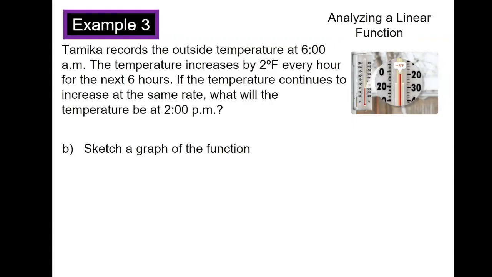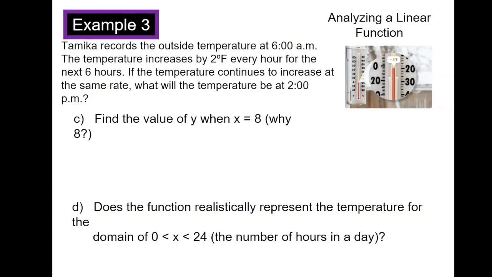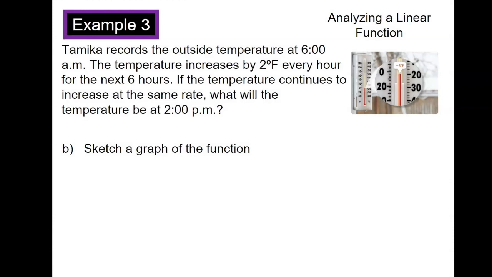Okay, B, sketch a graph of the function. Okay, so I'm just going to quickly make a graph, thinking about the slope-intercept form, which is what we wrote, which was y equals 2x minus 3.